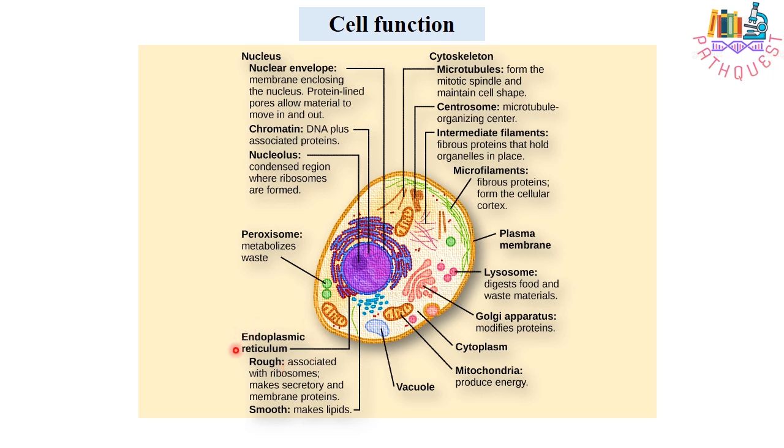So endoplasmic reticulum is of two types, rough endoplasmic reticulum and smooth endoplasmic reticulum. Rough endoplasmic reticulum has ribosomes on its surface, and it is mainly responsible for synthesis of various secretory and membrane proteins.